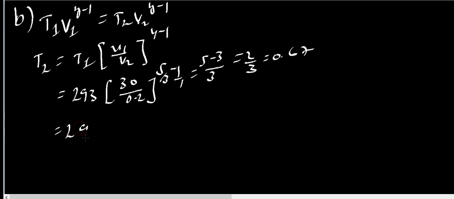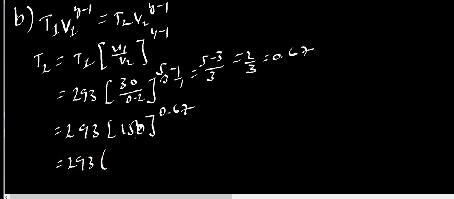So 293 times 150 to the power of 0.67. This is 293 times 28.7, which gives 8411.02 Kelvin.